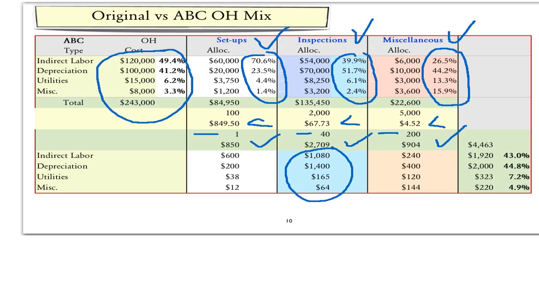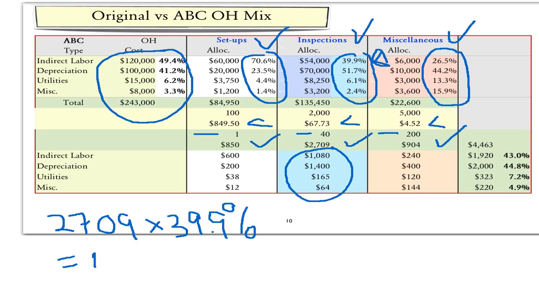The way we would get that is we would take the $2,709 and multiply it by the 39.9% of indirect labor that we can see from up here, and that's how we get the $1,080 of indirect labor assigned to the job through the use of inspections.